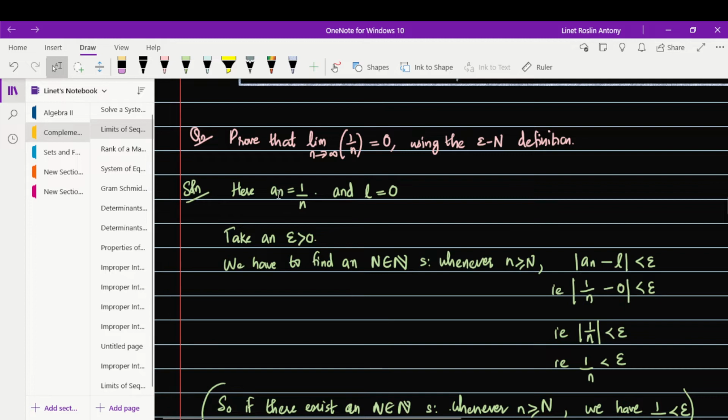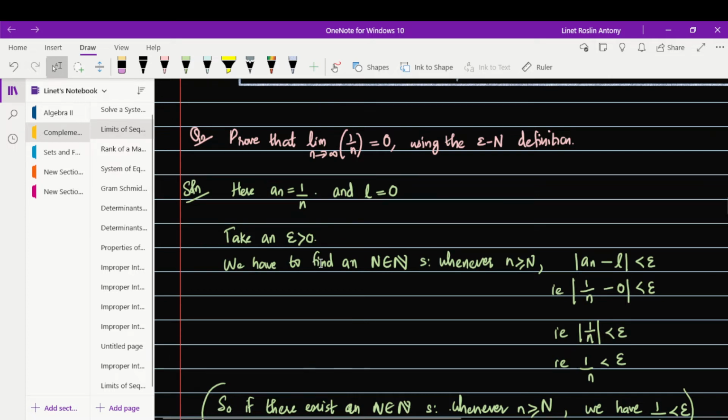Let us call an equal to 1 by n, and here we have to show that 0 is the limit, so let L equal 0. Take an epsilon greater than 0. Whenever we take an epsilon greater than 0, we have to find a capital N. So you give me an epsilon, I will find an N. We are choosing an arbitrary epsilon greater than 0.